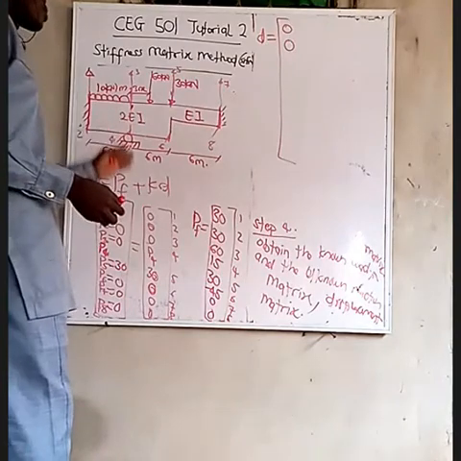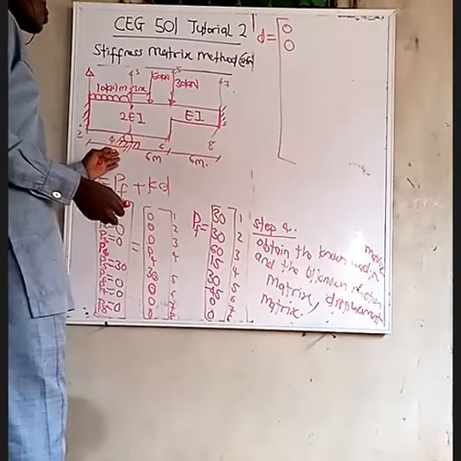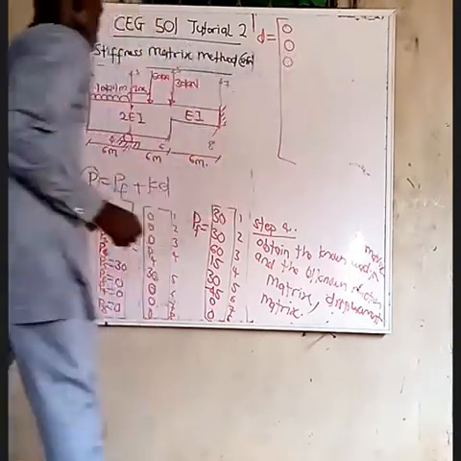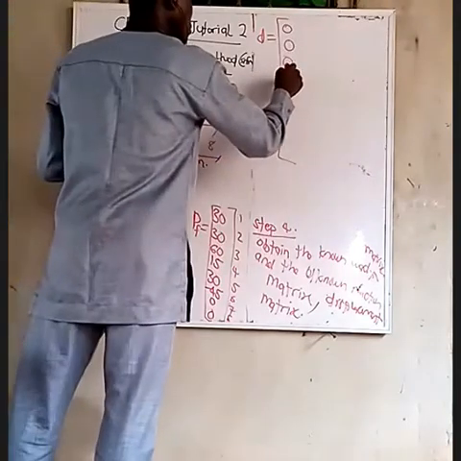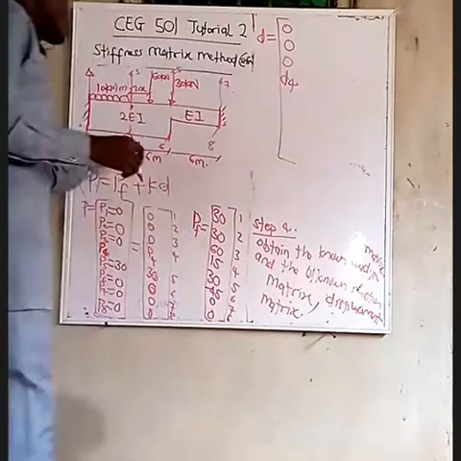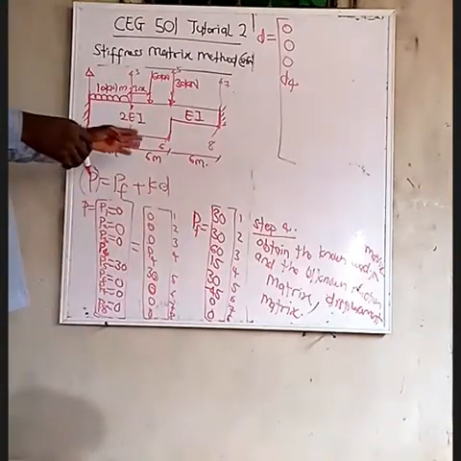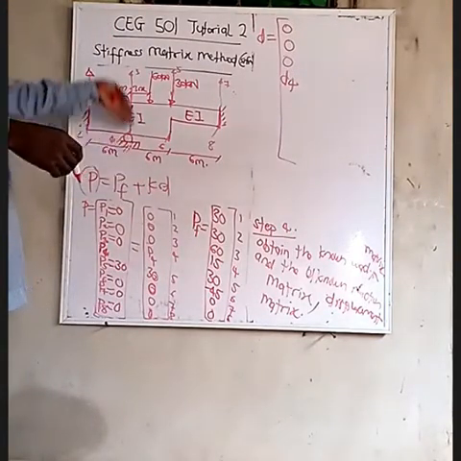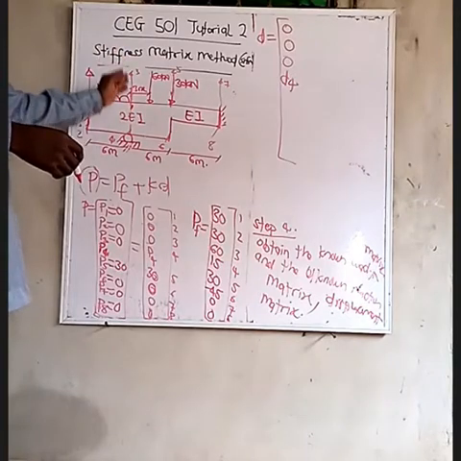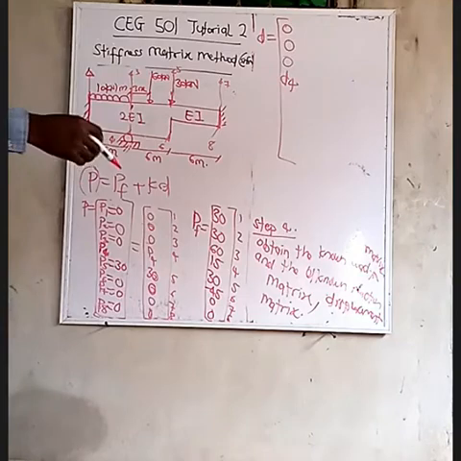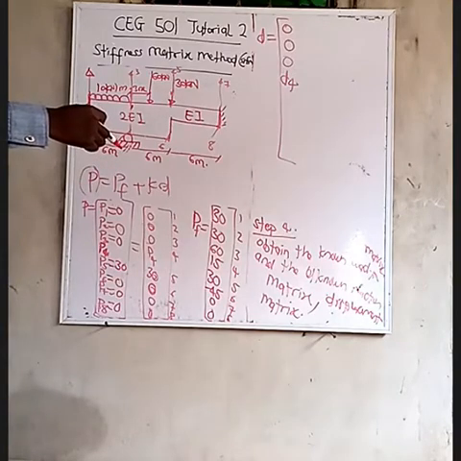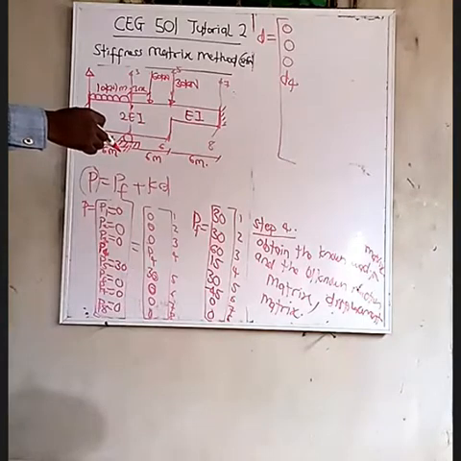Now, this one also, it is fixed. There is no freedom in, let's say, the vertical direction. So we have 0. Then there could be movement here. I mean, there could be rotation. If you rotate it, you would have a rotation here, but it is fixed against load in a minute.